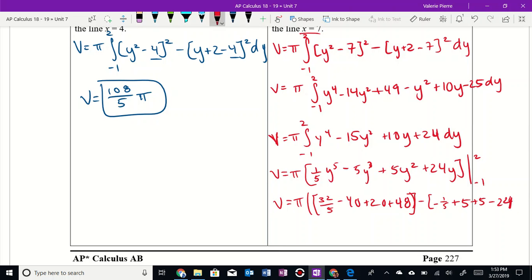Okay, so then V is equal to pi times 33 over 5 plus 42, which is equal to 243 over 5 pi.